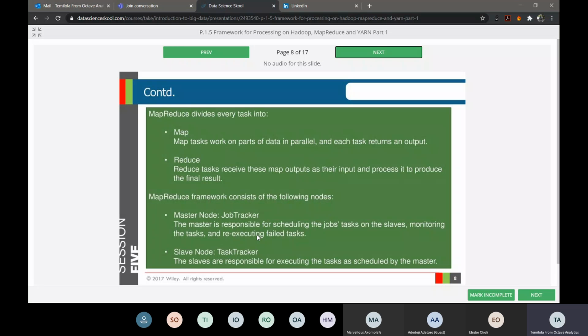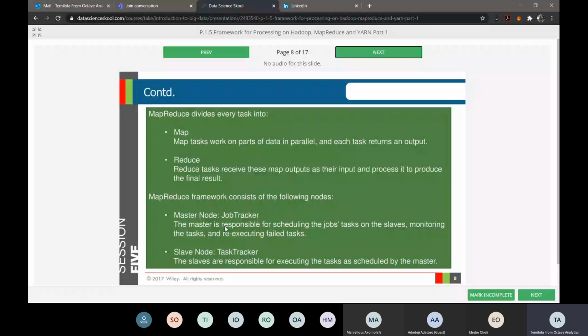For MapReduce, we have the master node and we have the slave node. So the name node that you have in your HDFS is the master node in MapReduce. Then the data node that you have in your HDFS is the slave node in MapReduce. But they all perform different functions.